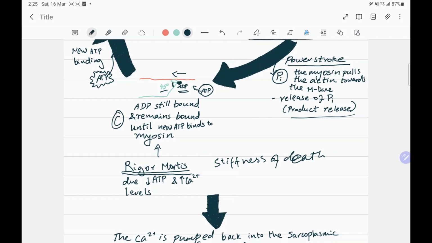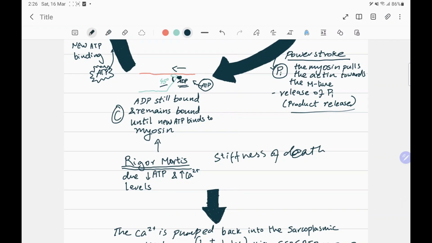So now all the myosin binding sites are exposed on the actin. This release of calcium is going to unmask the binding sites. So the myosin binds to the actin in that state, and it uses up all the ATP. There's no fresh ATP for the myosin to release itself from the actin to break the cross bridge which has formed.